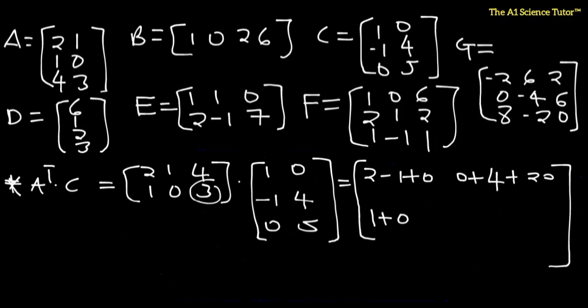Now we have 3 multiplied by 0, so that should still give us a 0. Now we have 1 multiplied by 0, which is going to give us a 0. And there is 0 multiplied by 4, which is still 0. And finally, we have 3 multiplied by 5. So that should be 15.